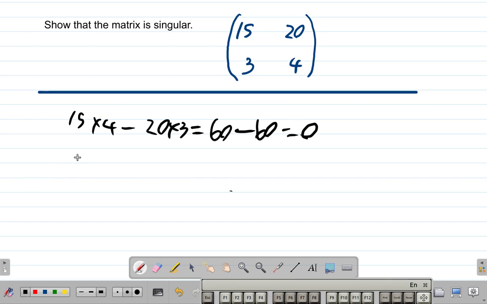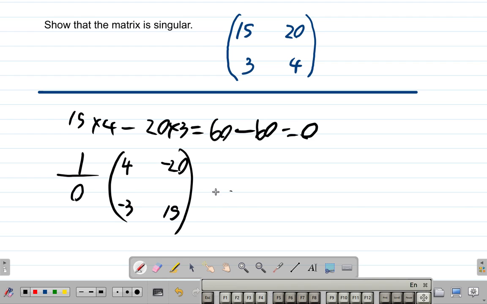The inverse would be 1 over the determinant multiplied by, you interchange A and D, interchange 15 and 4. 4 goes where the 15 was and 15 goes where the 4 was, and then change the sign of B and C, negative 20, negative 3. So when you see that you have 1 divided by 0, you're not allowed to divide by 0.